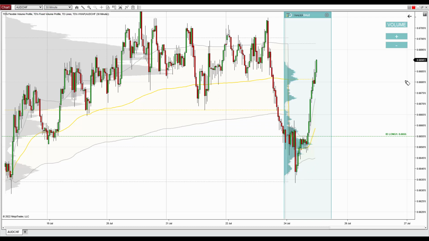Now, the most important place for those buyers is this heavy volume area. This is the place where they placed most of their long positions, and this is what the volume profile is telling us. Because they placed most of their longs there, it is an important place for them and they'll want to defend it.